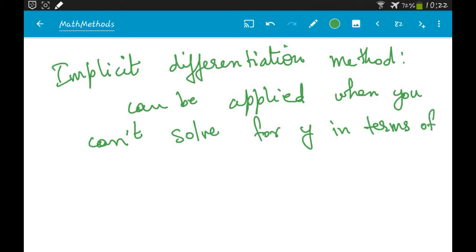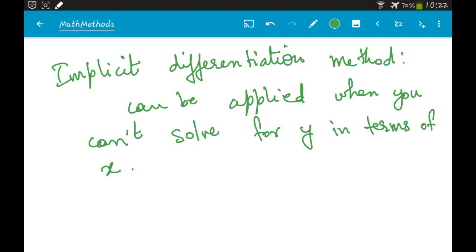If you can solve for y in terms of x, you can use the elimination method. But in case you are not able to solve for y in terms of x, then you can go for implicit differentiation.